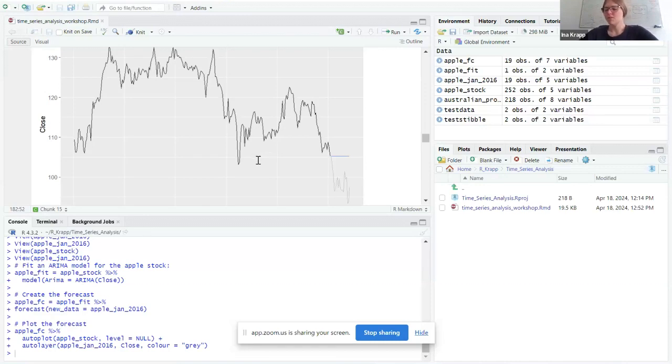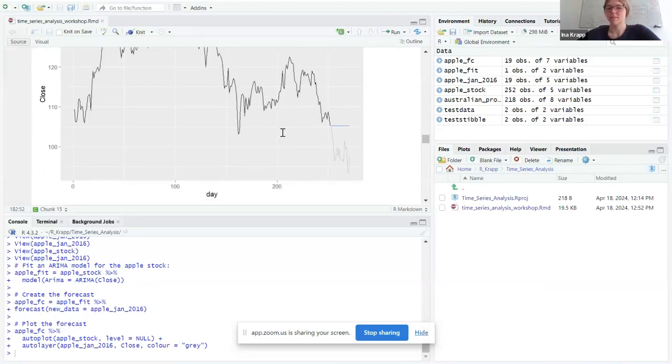And it shows that not every model necessarily gives a good prediction for future values.